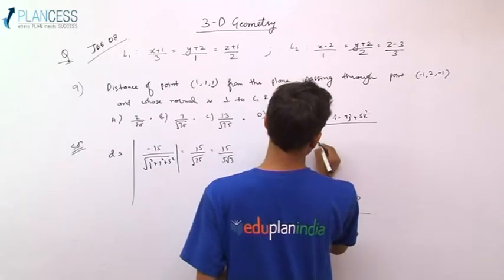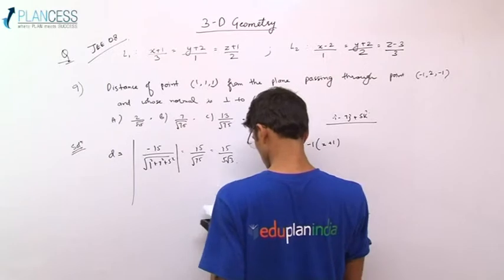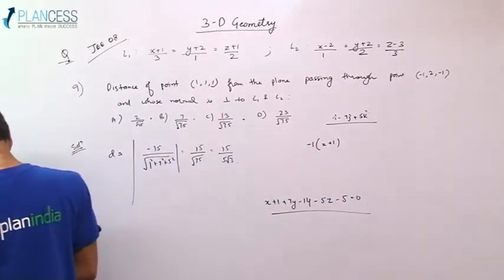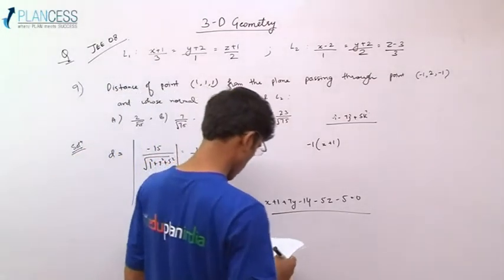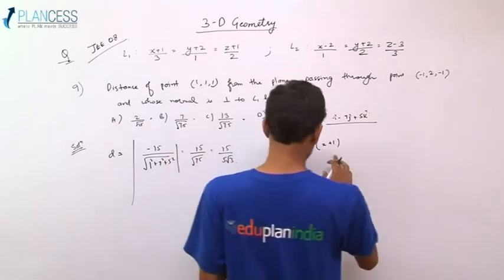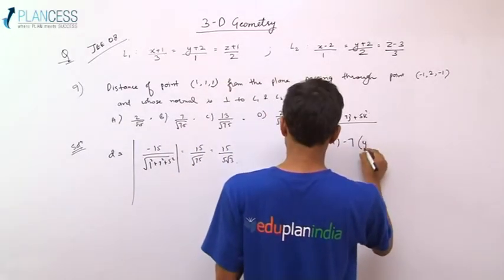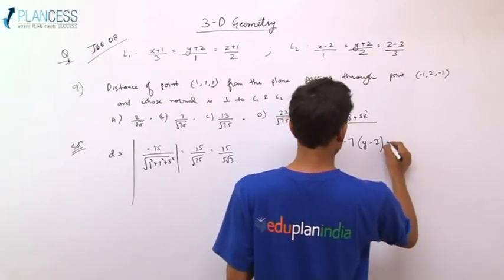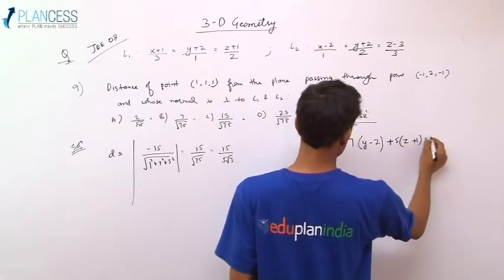So this is minus 1 times (x plus 1), minus 7 times (y minus 2), plus 5 times (z plus 1) is 0.